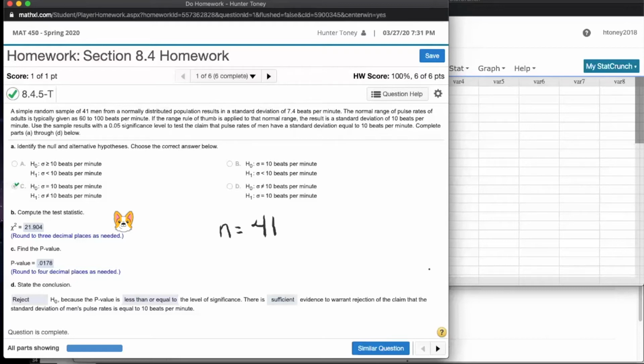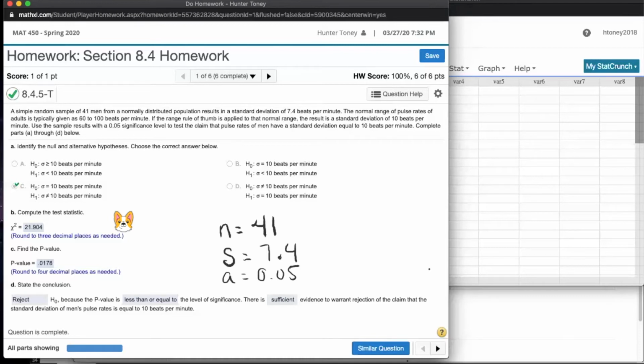So we're going to use an S as 7.4 beats per minute. And they gave us our range rule of thumb, which we used for our hypothesis. But other than that, the only other piece of information they really give us is our alpha, which is 0.05, which we're just going to use to compare to our p-value. So this isn't really a lot of information, but don't fret.